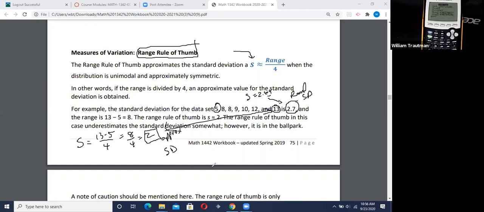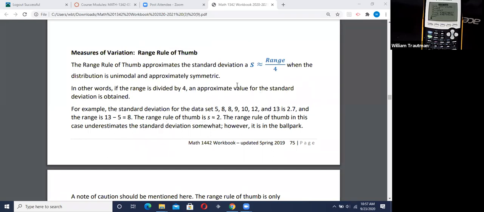One using the calculator, like we just did, and then one using the formula for the approximation. This formula is called finding the standard deviation using the range rule of thumb. You find the range and you always divide it by 4. All righty.